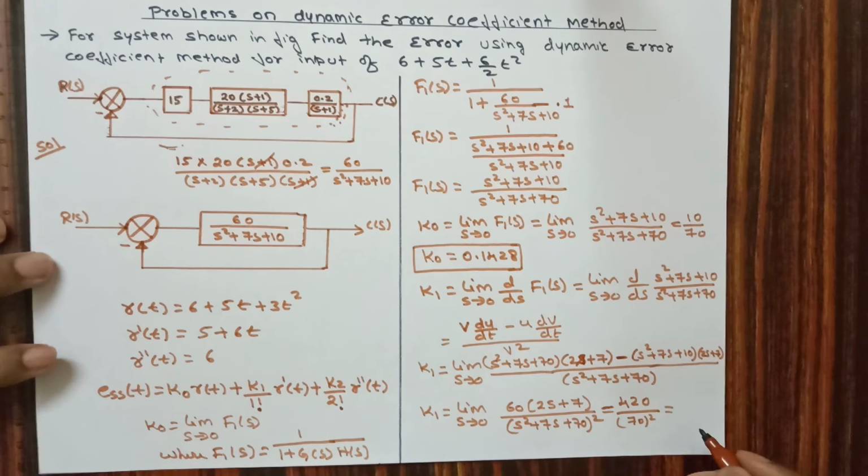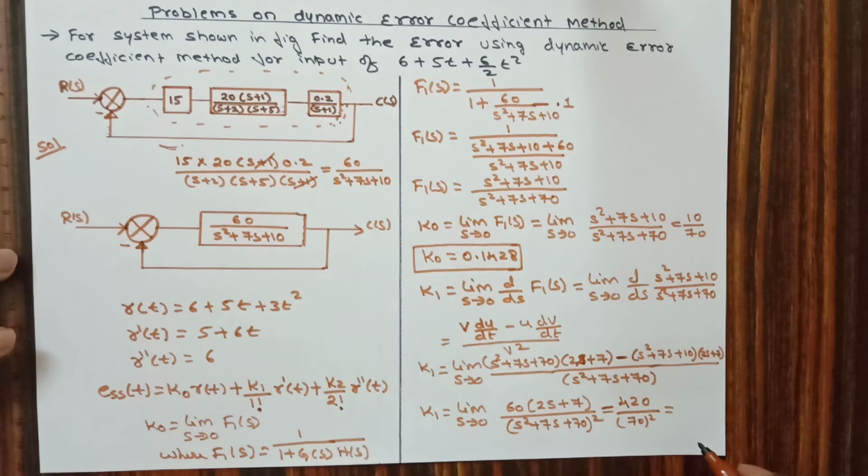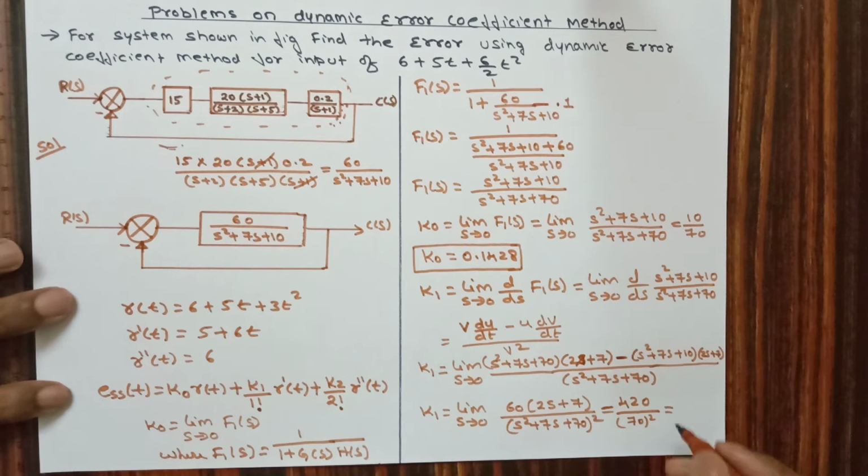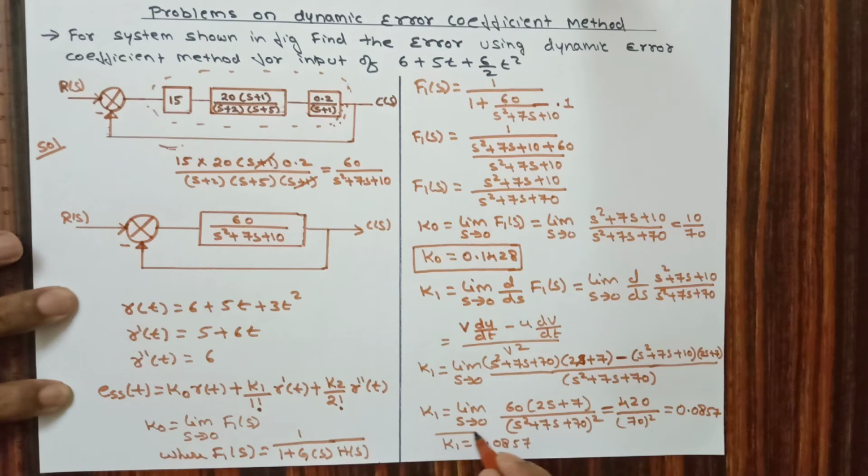So here we'll get a value of k1 which is equivalent to 0.0857. So here we got the k1 value.